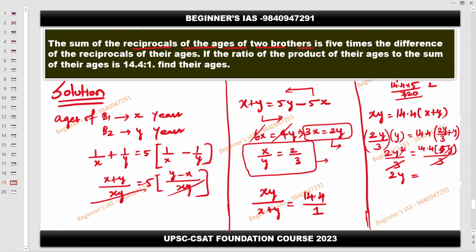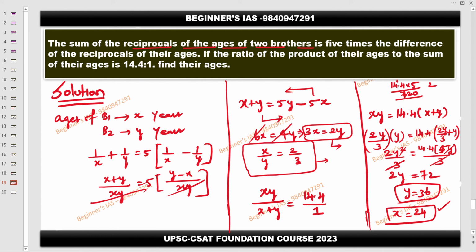So therefore 2y is equal to 72. Therefore y is equal to 36. So if y is equal to 36, substitute in here, then easily you can find out x is equal to 24. So the answer for this question is this one.